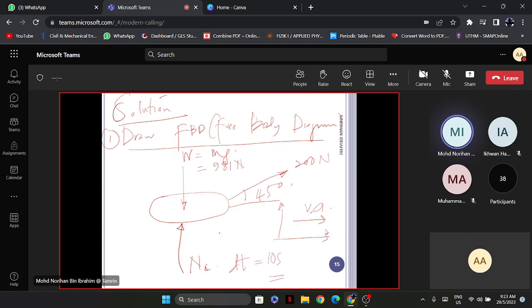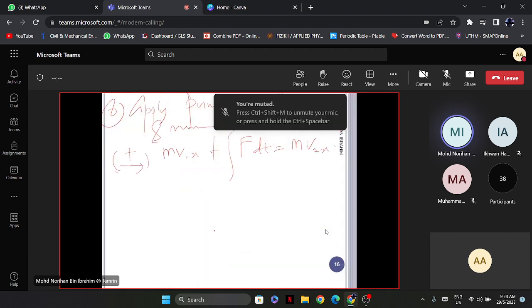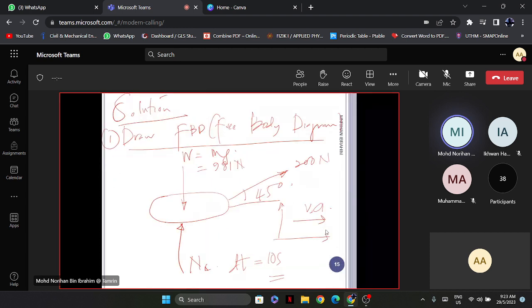Based on these illustrations, we apply the forces which act on this stone by considering two directions, the horizontal direction and also the vertical direction.